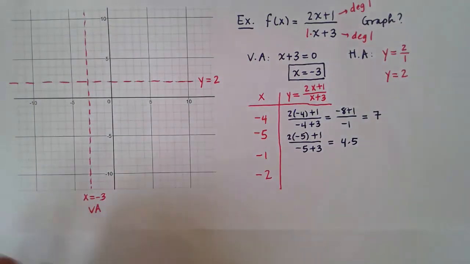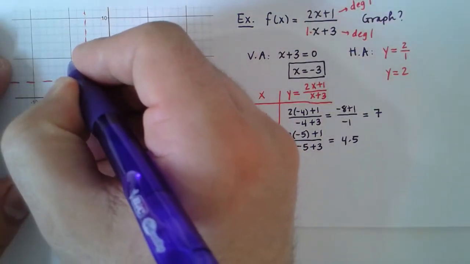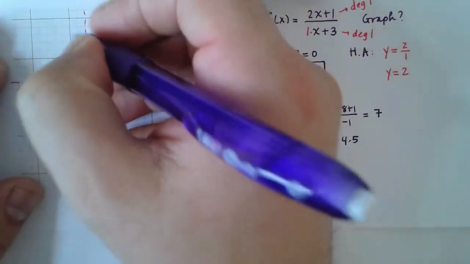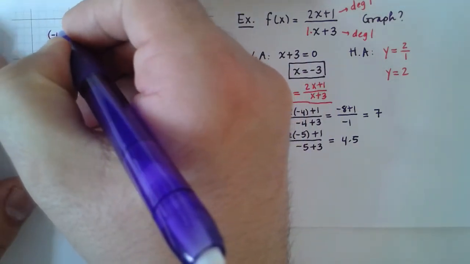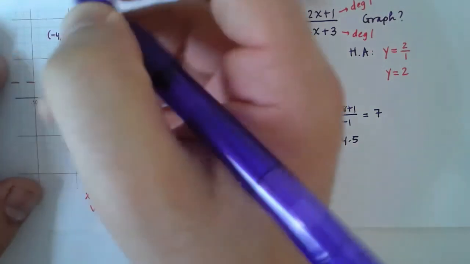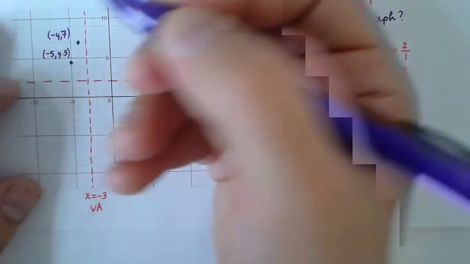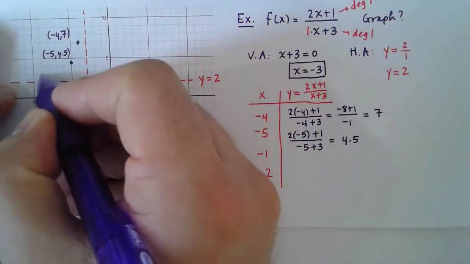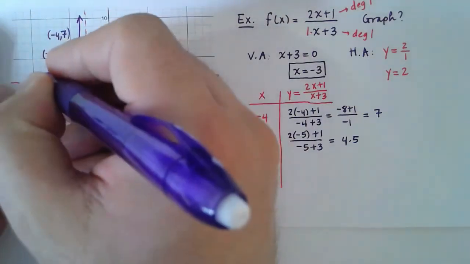So at negative 4 it is 7, so it's the point negative 4 comma 7. Then here, negative 5 comma 4.5. So these are the asymptotes, and the function will look like this, folks, on that side.